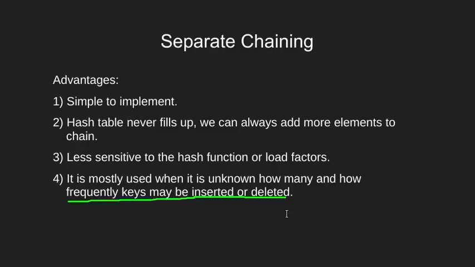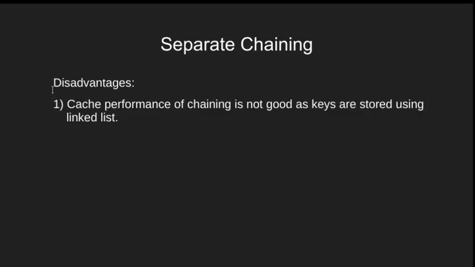Now let's also consider a few disadvantages we have with this method. The first disadvantage is about cache performance, which is not so good as compared to open addressing. Next is the wastage of space. These spaces are the slots of the hash table which are not taken by any of the keys.